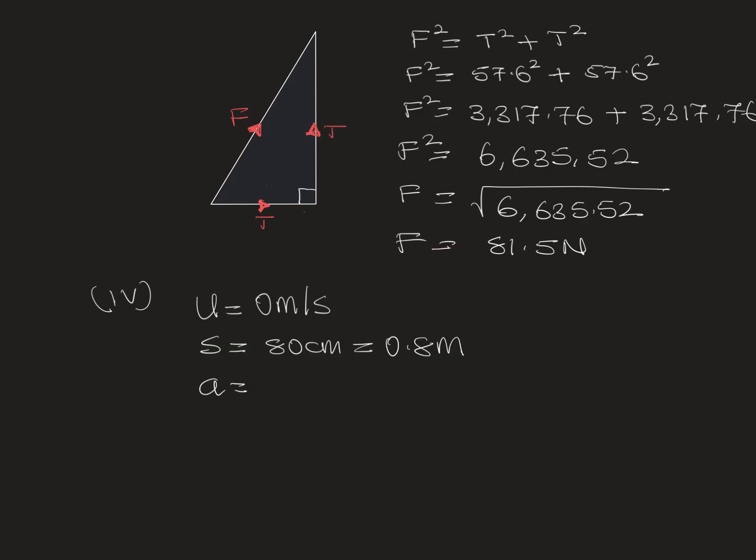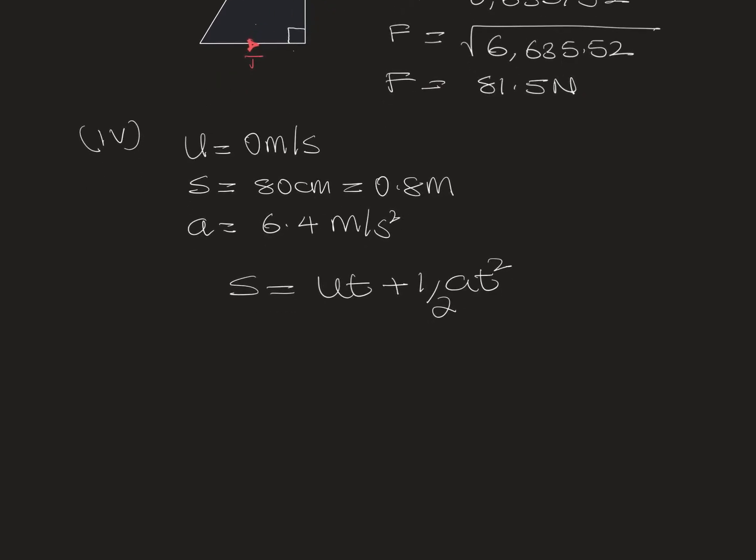We know that the acceleration is 6.4 meters per second squared. With this information, we can use S is equal to ut plus half at squared to find t. S is 0.8. This is equal to the initial velocity 0 multiplied by the time t plus half multiplied by a, which is 6.4, times t squared.